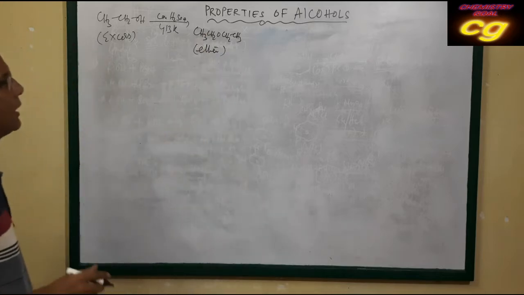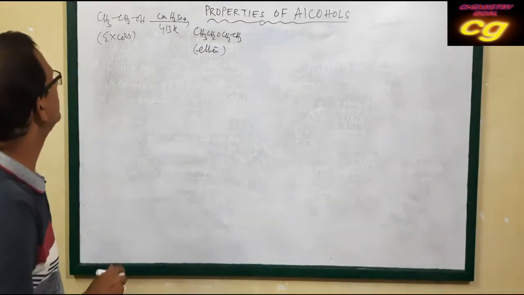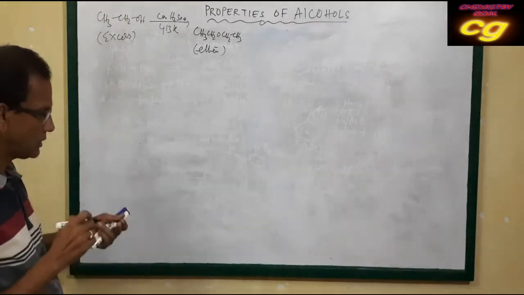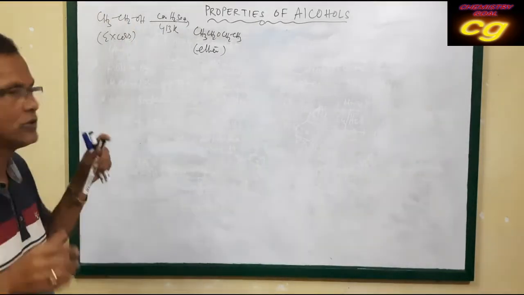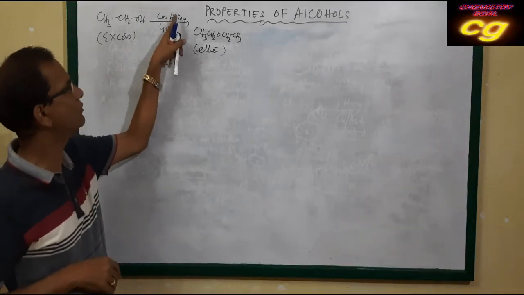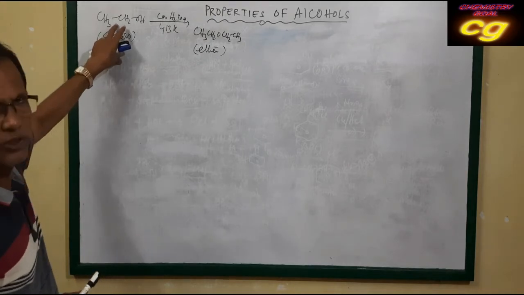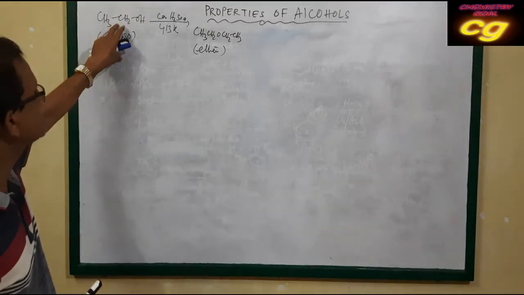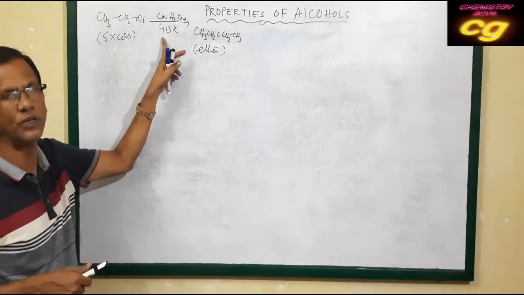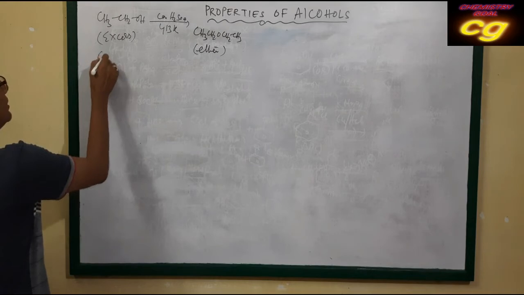Ether means ethoxyethane or diethyl ether. So it only depends upon the concentration of alcohol. If more alcohol is taken, highly concentrated alcohol, and sulfuric acid at low temperature, it produces ether. But if the amount of alcohol is less, with the same concentration of sulfuric acid but at a high temperature of 443 K, as already discussed, alkene is produced.